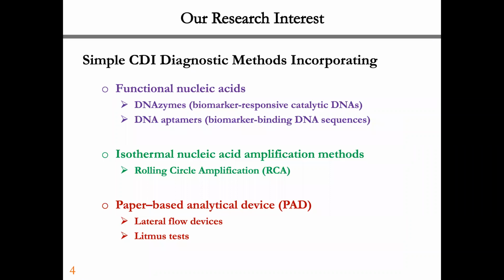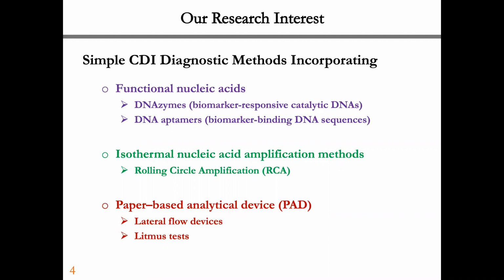We feel that my lab can come in and maybe make some contributions here, since my lab has been working on functional nucleic acids, and specifically DNAzymes, or DNA-based enzymes. Specifically, we want to create biomarker-responsive catalytic DNA molecules.